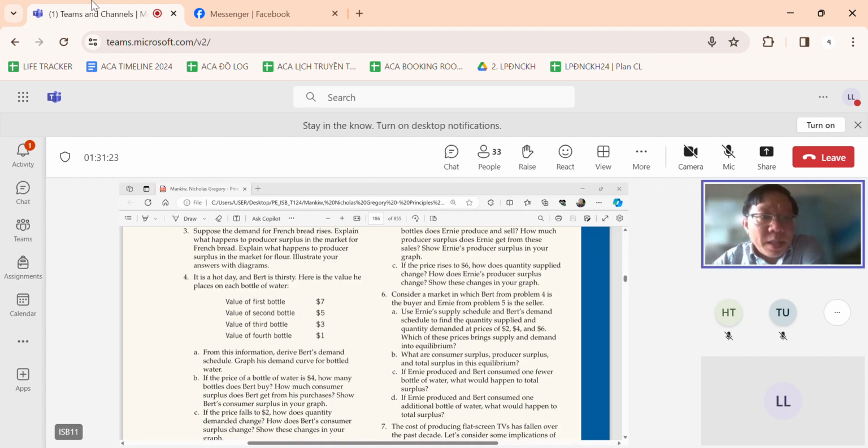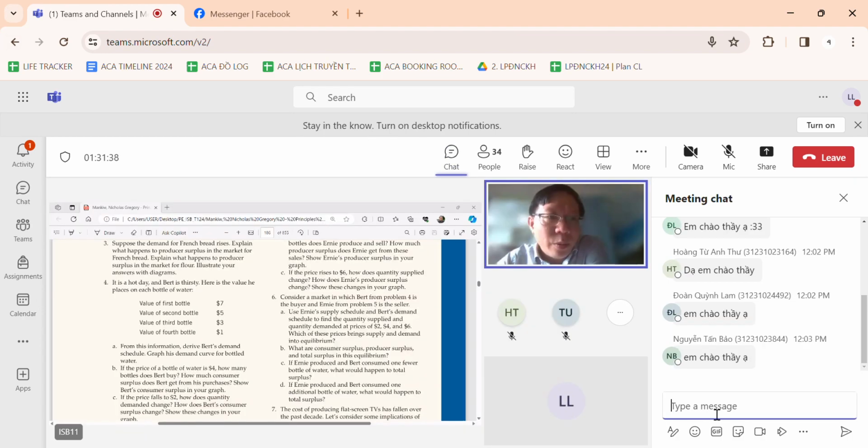Question C, group 3: Lâm, Như, Hân, Thư, Tài. And question D, group 1 with Phương, Huy, Thư, Trang, Linh.